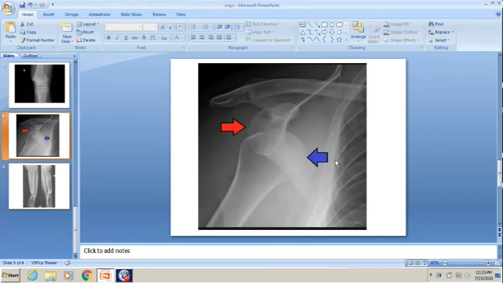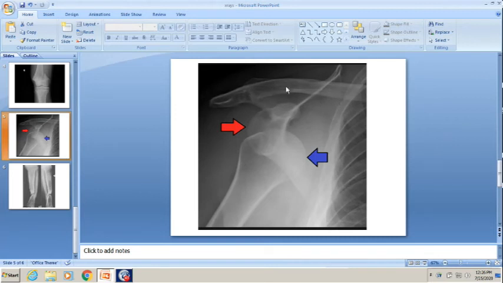So in anterior dislocation you get types of anterior dislocation. What are the types you get? Sir, subclavicular, preglenoid, intrathoracic, and sir, one was subcoracoid.